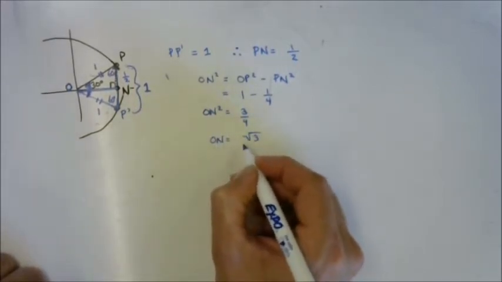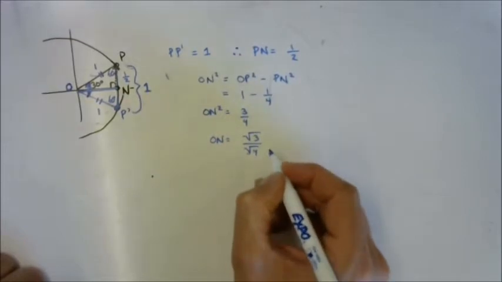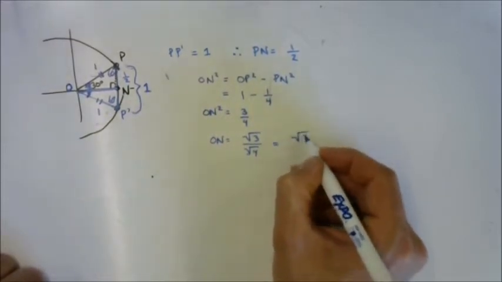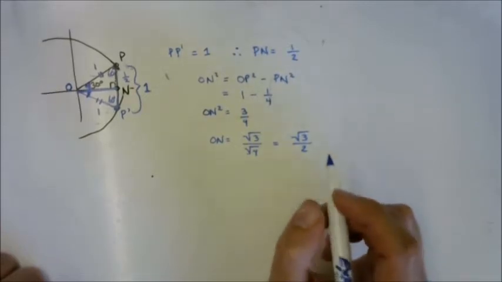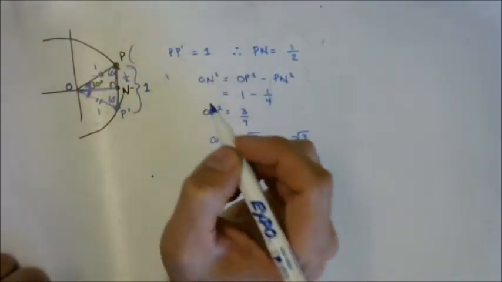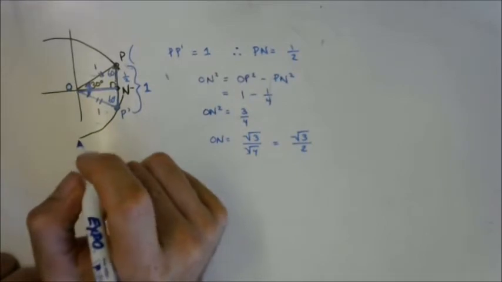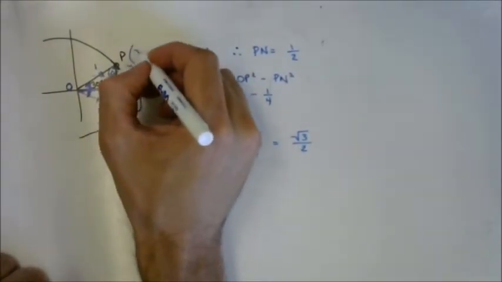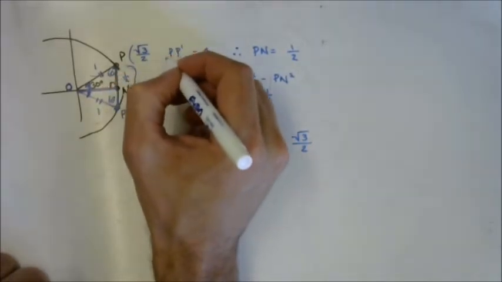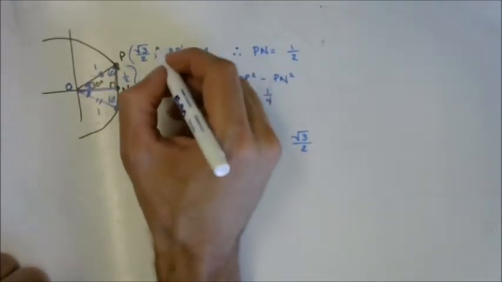You end up getting radical 3 over radical 4, which can be reduced to radical 3/2. So the coordinates of point P here are, on the x-axis, radical 3/2, and on the y-axis, 1/2.